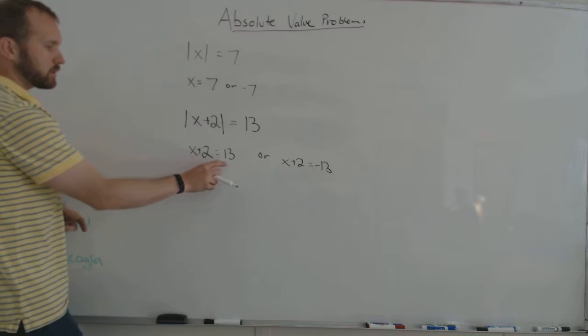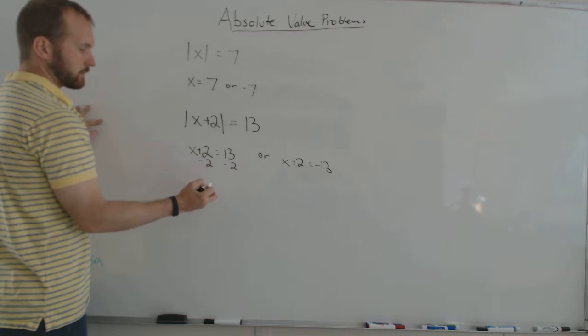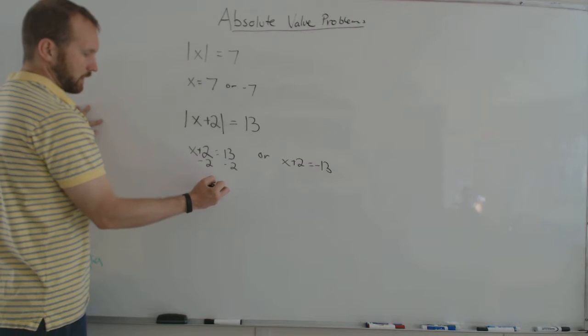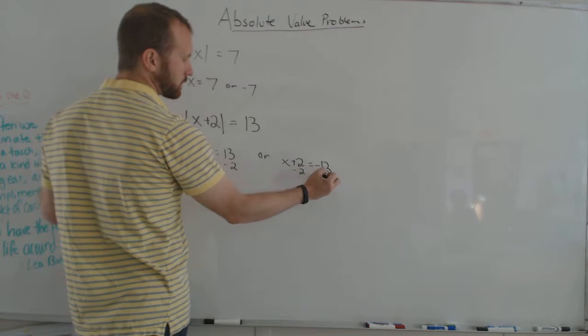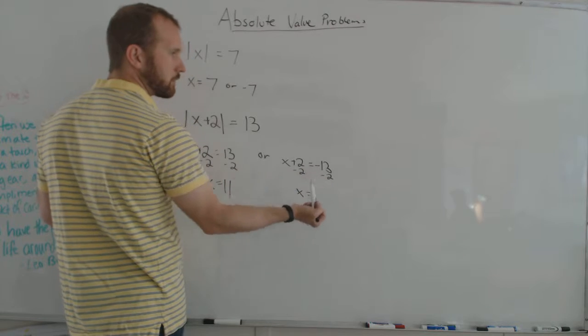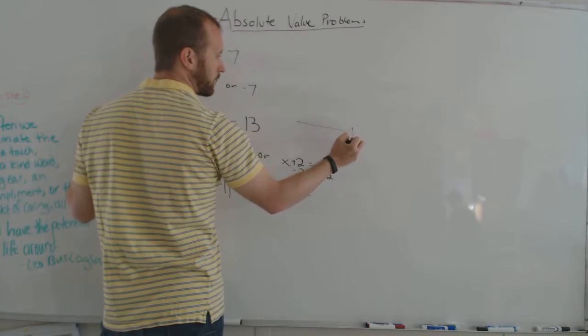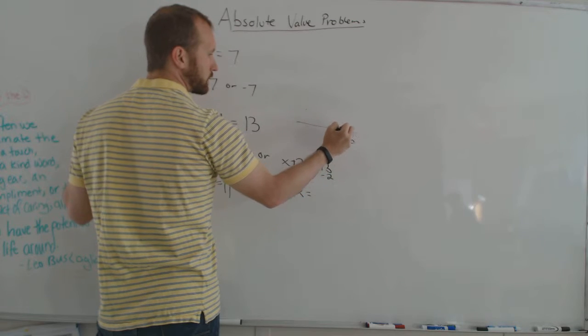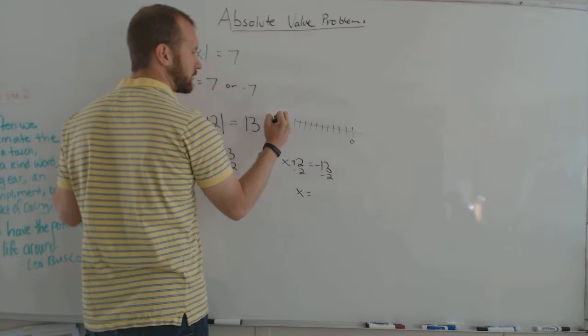So if x plus 2 is 13, subtract 2 from both sides, what is x? 11. Or subtract 2 from both sides over here. For the negative value, x would be negative 13 minus 2. So I'm over here on my number line, right? Here's 0, 1, 2, 3, 4, 5, 6, 7, 8, 9, 10, 11, 12, 13.